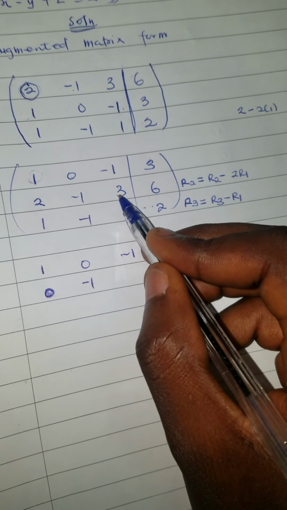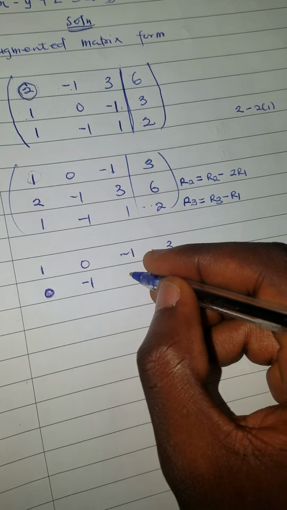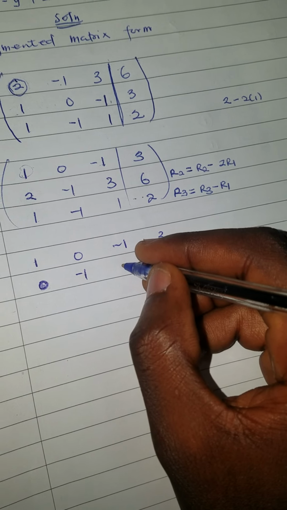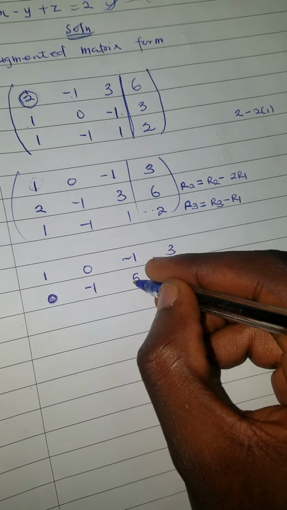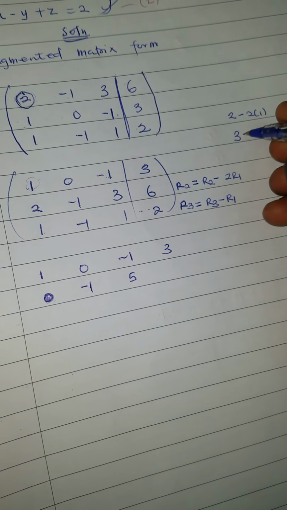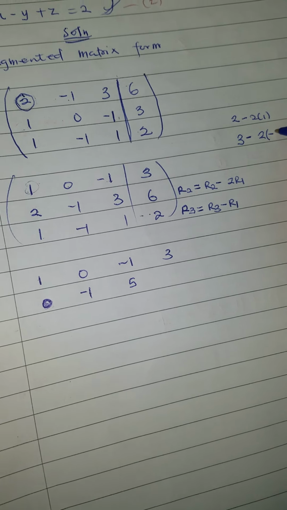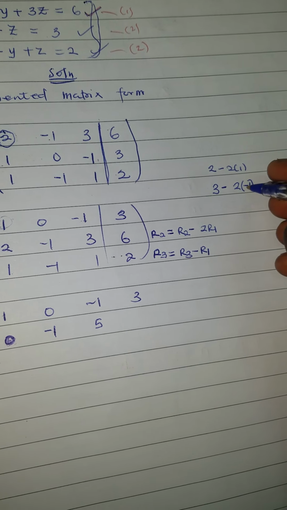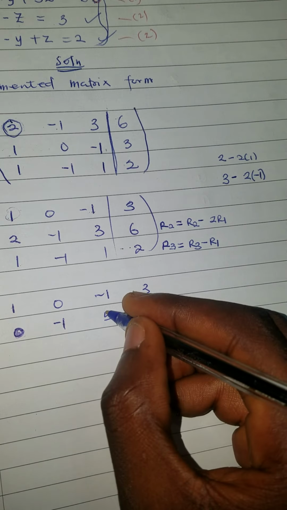Now it will be 3 minus 2 multiplied by minus 1, which is 3 plus 2, which will give you 5. The whole thing will be 5.